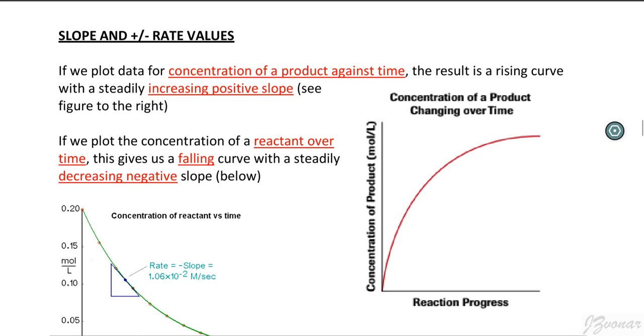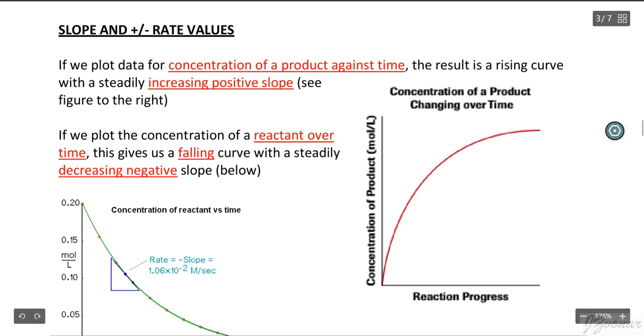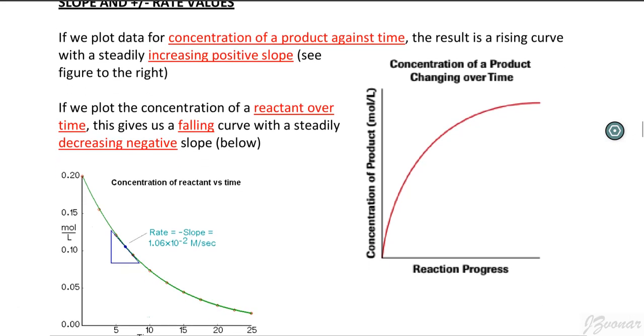For concentration increasing, the curve is going to be positive, an increasing slope. If we're plotting concentration of a reactant over time, the graph is going to be falling, and so it's going to produce a negative slope. So it is very important to be able to read the graphs correctly and determine what exactly we are measuring.